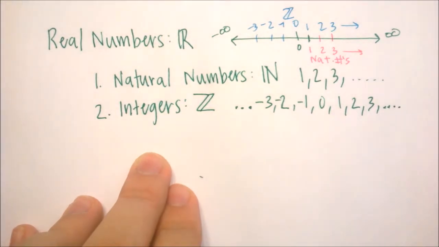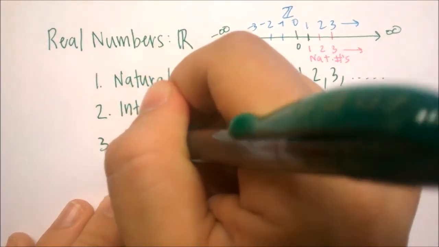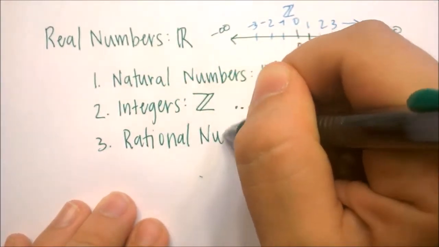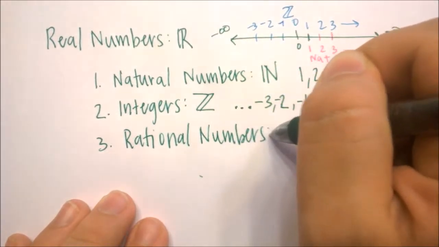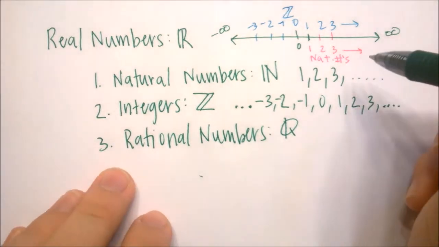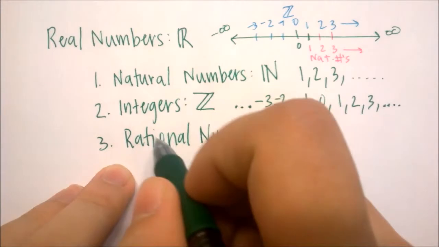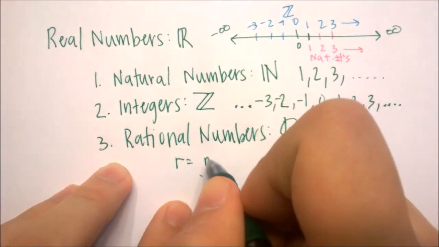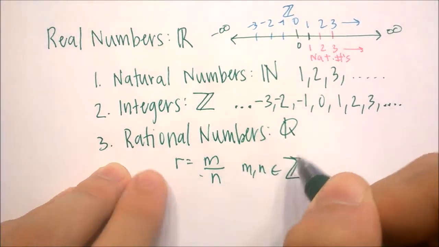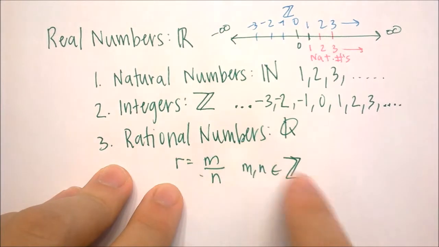The next subset we're going to want to talk about is the rational numbers, which is denoted by blackboard bold Q. Rational numbers are fractions. A rational number is a ratio of two integers.